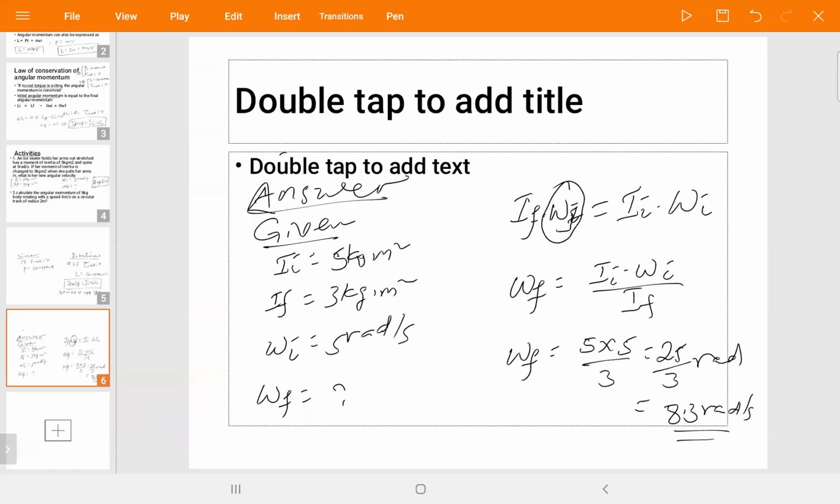Since the moment of inertia of the skater has decreased, her angular speed has increased.